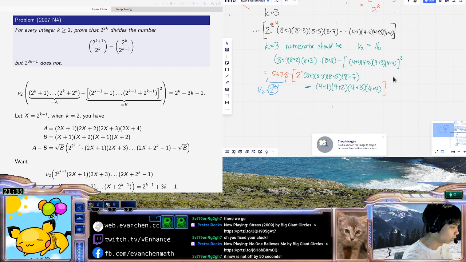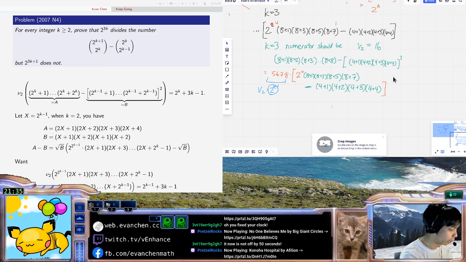Alright, I'm gonna quickly punch the giant number into Wolfram Alpha to make sure I haven't screwed up the calculation yet, because otherwise this will be really boring, watching me mess up repeatedly. So according to my prediction, the v2 should be 12. Yes, okay, that looks right. So that's what we're stuck with.